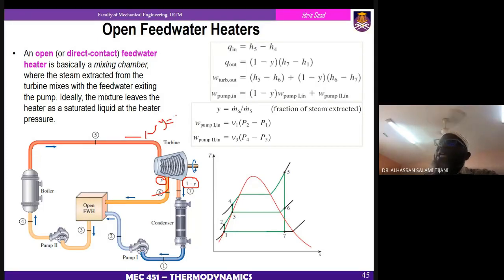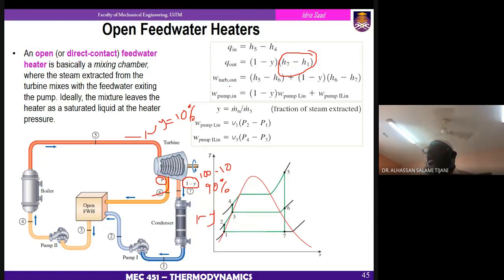If y equals 10%, then 100 minus 10%, that is 90%, will be flowing into the condenser. So we'll have 1 minus y times the difference in enthalpy, H7 minus H1.